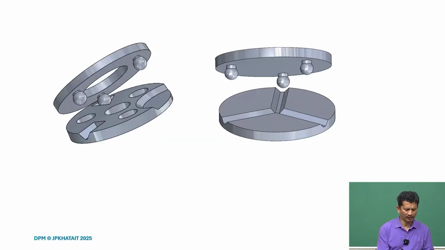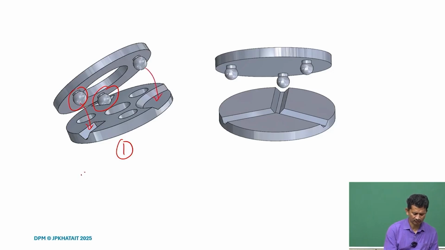So, these are two examples. In the first one we have these 3 contacts: a spherical ball with the inner tetrahedron hole, and then we have the V groove, and then we have the flat. So, it is the same 3 plus 2 plus 1. So, total 6 contacts.